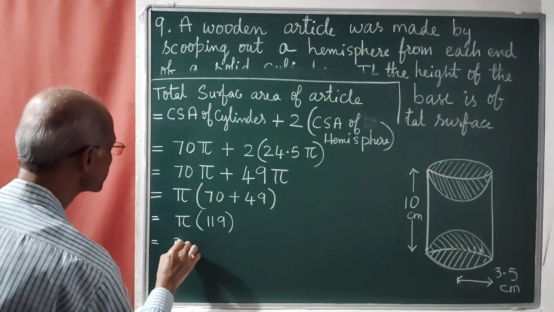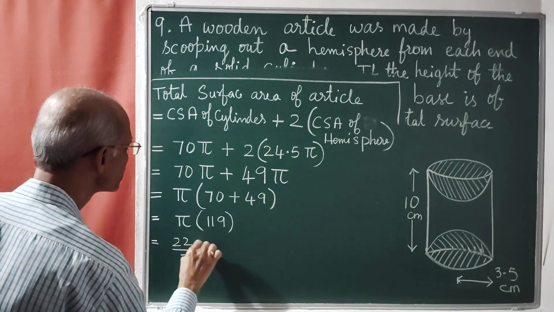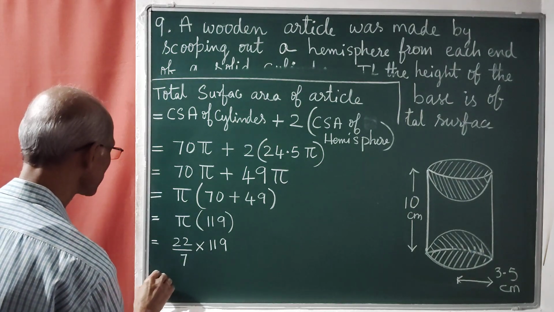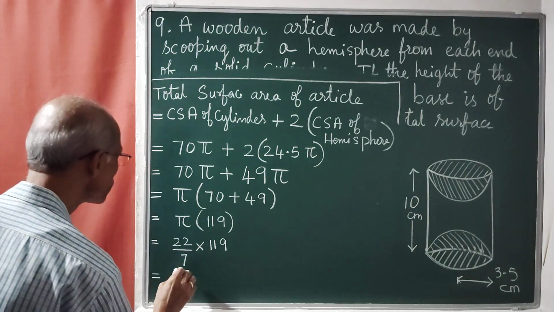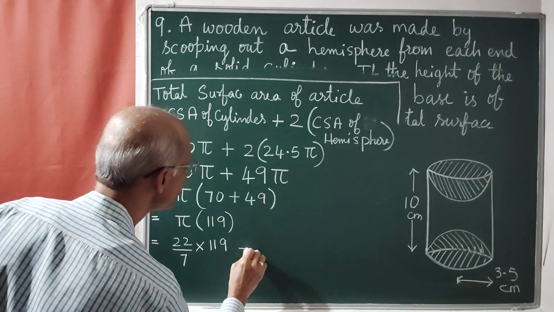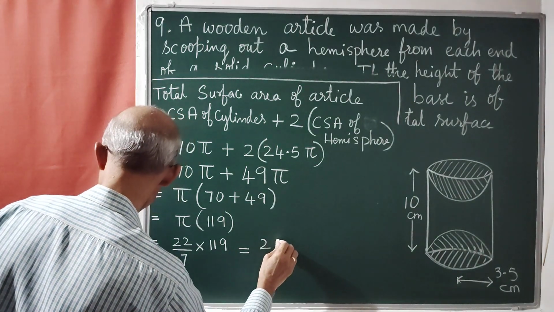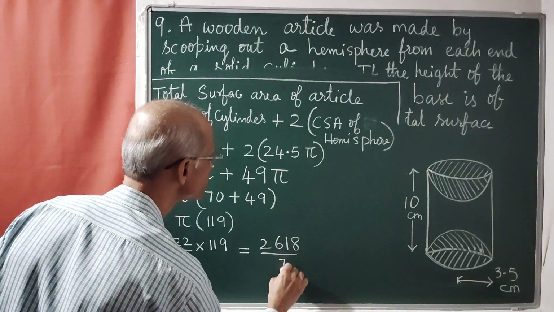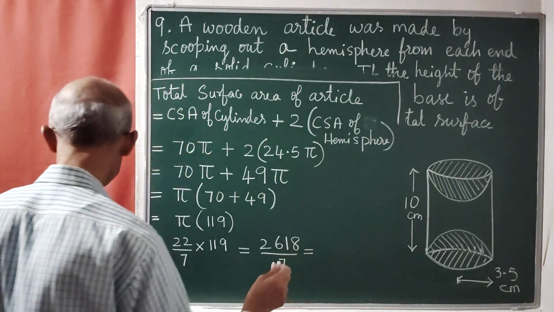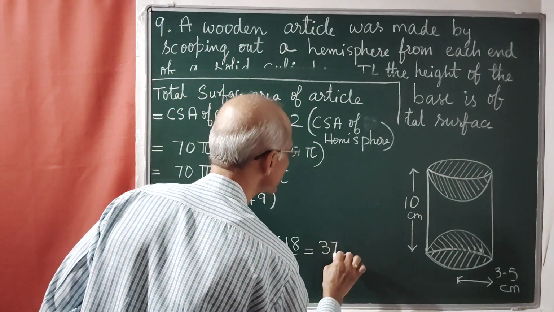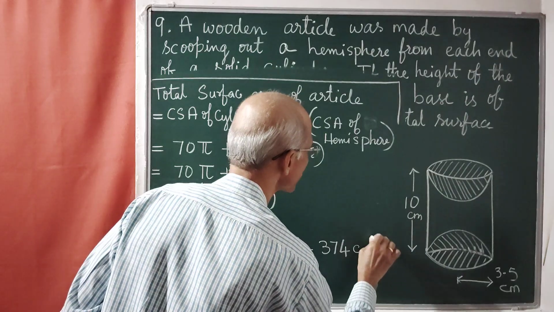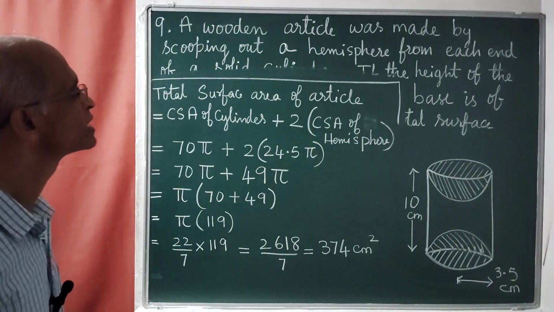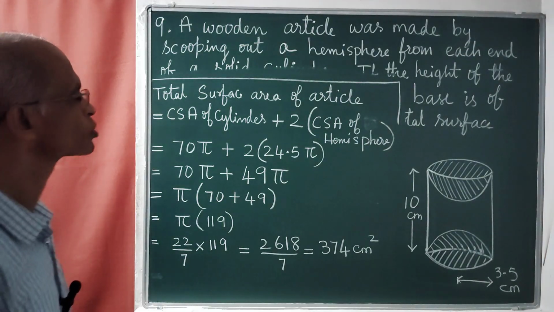That's equal to 22 by 7 into 119, which is 2618 by 7, that's equal to 374 centimeters square. So the total surface area of the article is 374 centimeters square.